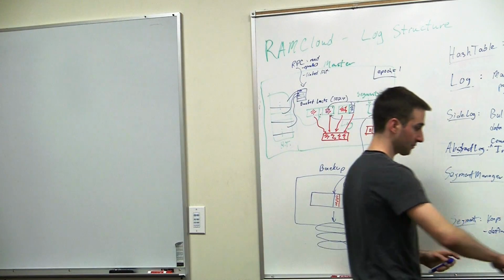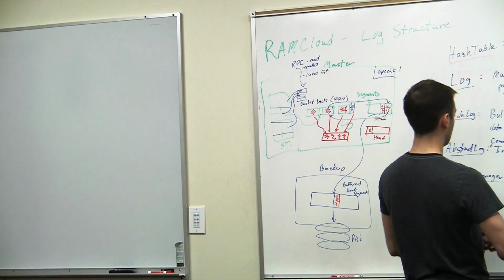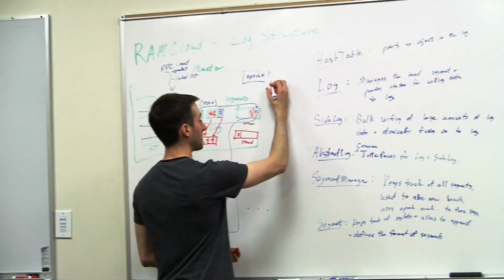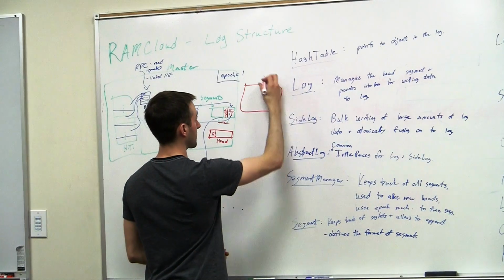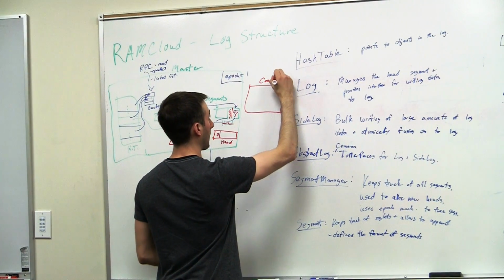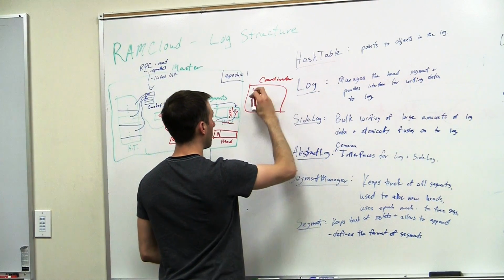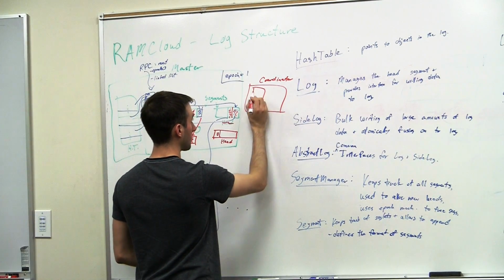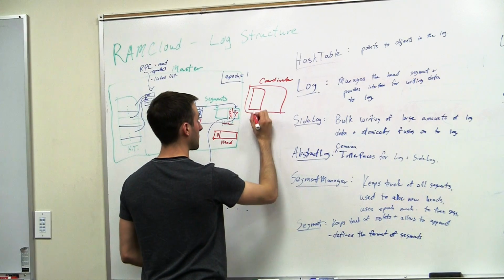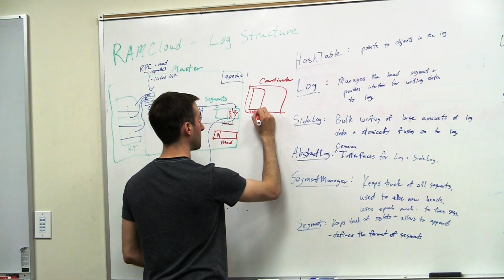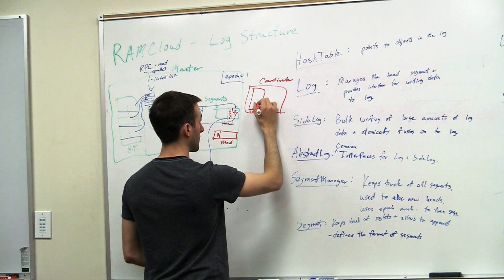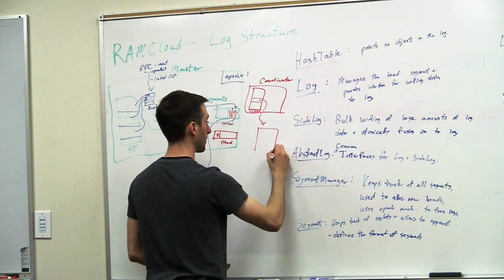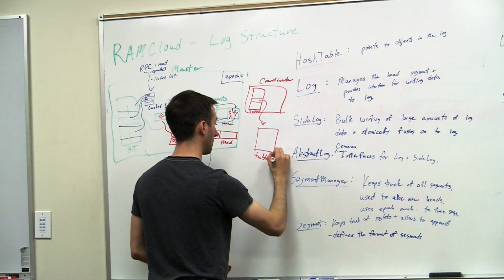Basically, somewhere else in the system there's a centralized coordinator, and it maintains a bunch of metadata about the cluster. So it has some structure that tracks the tables in the system, and then each table, I don't know exactly how this is formatted anymore, but each table actually consists of multiple tablets.